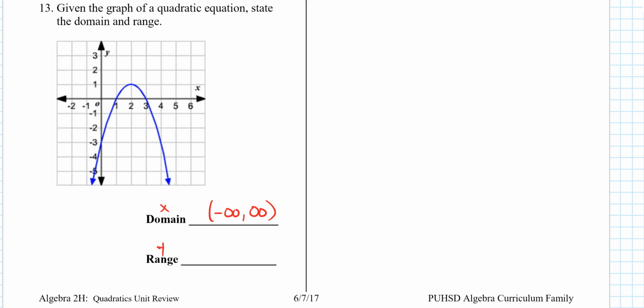And then the range we can see is the possible y values. Well, I don't have a minimum value because it goes down forever. So it goes from negative infinity and it stops at this highest point, which is at 1. So the range of my graph is negative infinity to 1.